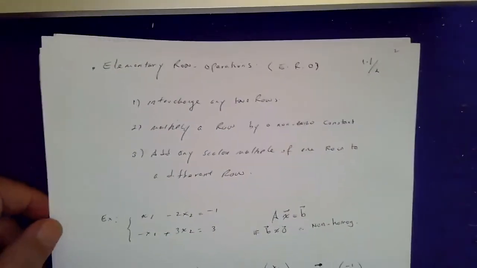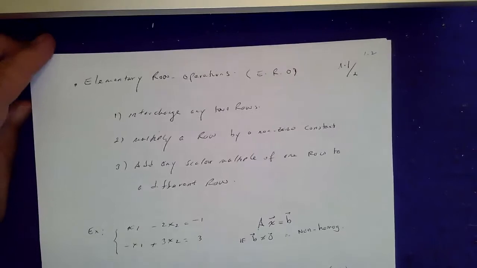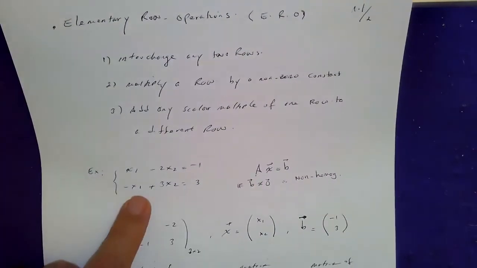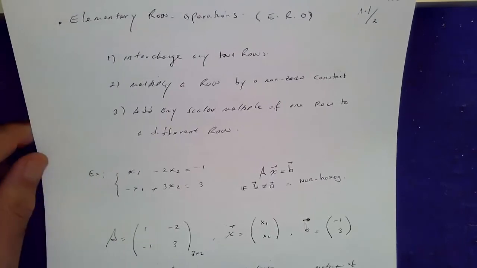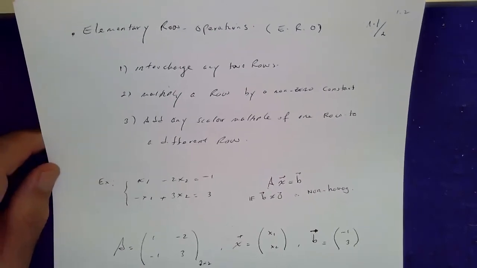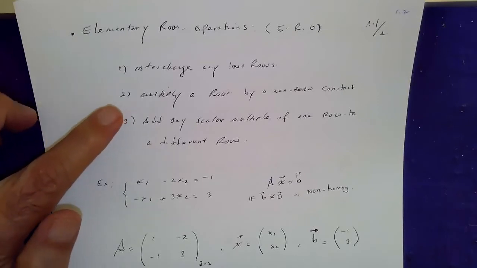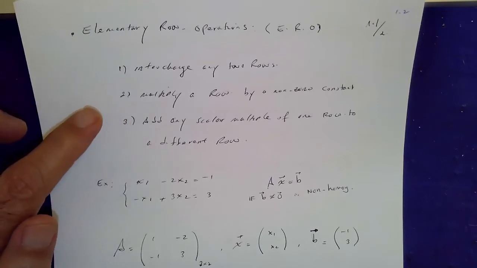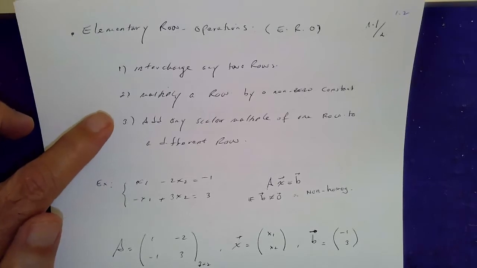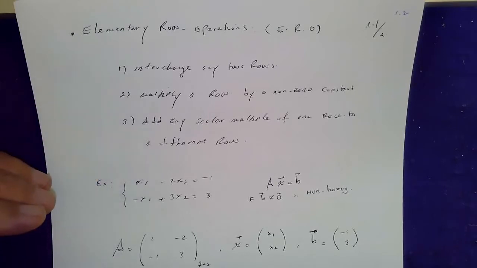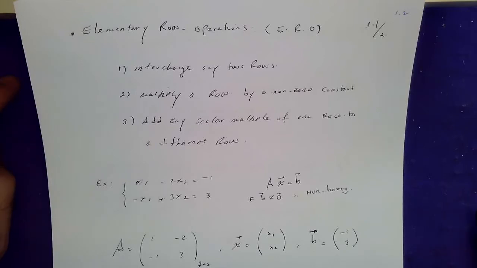Now we have something called elementary row operations. Remember, when you solved these kinds of equations in algebra classes, you were able to either switch the equations, or multiply an equation by a non-zero scalar, or add a multiple of one equation to another equation. Remember, that was called the elimination or addition method.